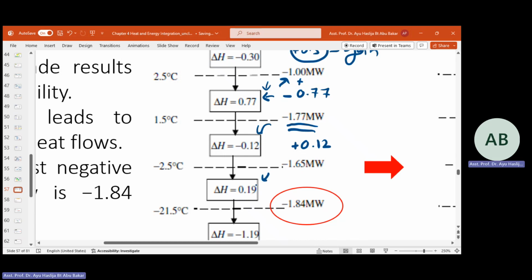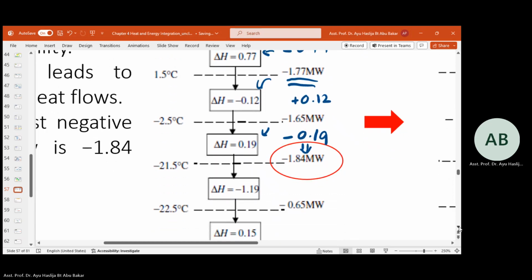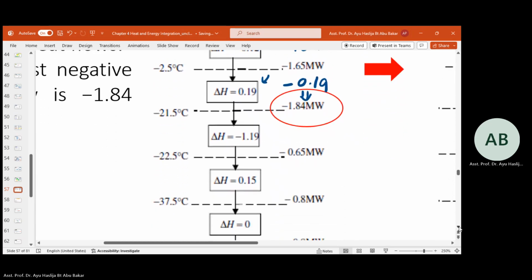Okay, so now this box you need to supply 0.19. You need to supply this amount. So that's how it becomes like this. Okay, so this box positive means you gain. So it becomes like this, negative 0.65.